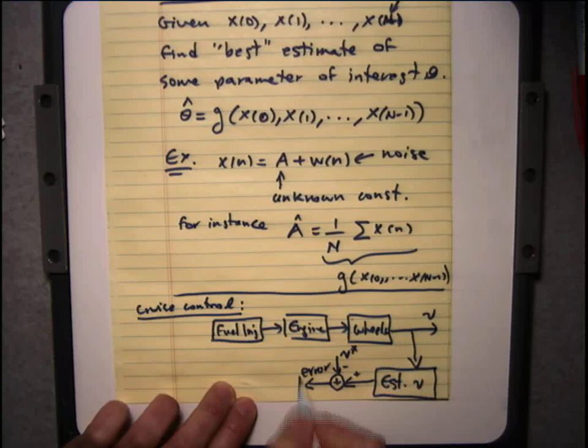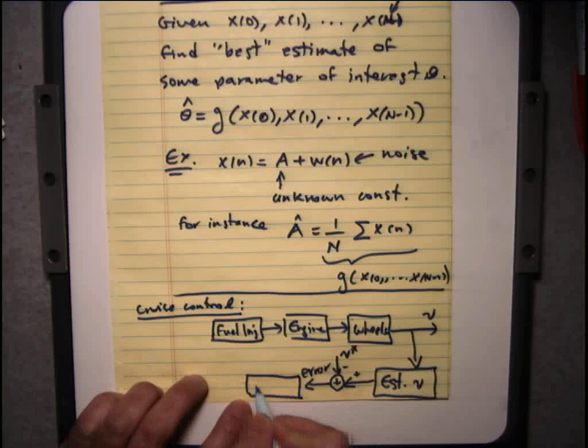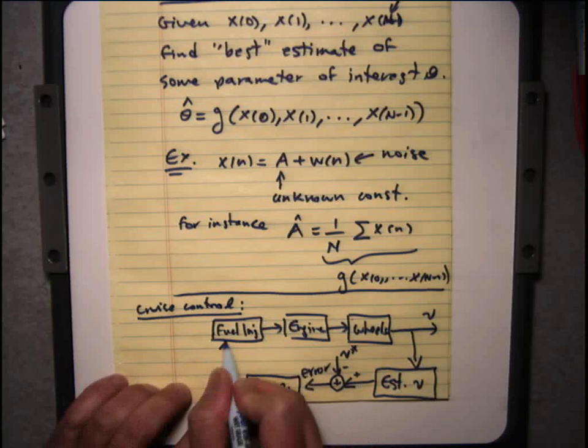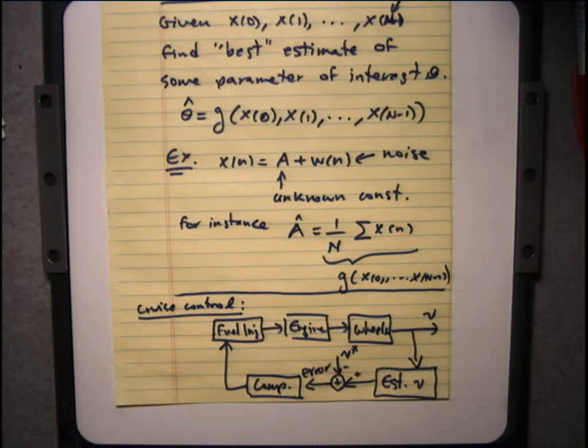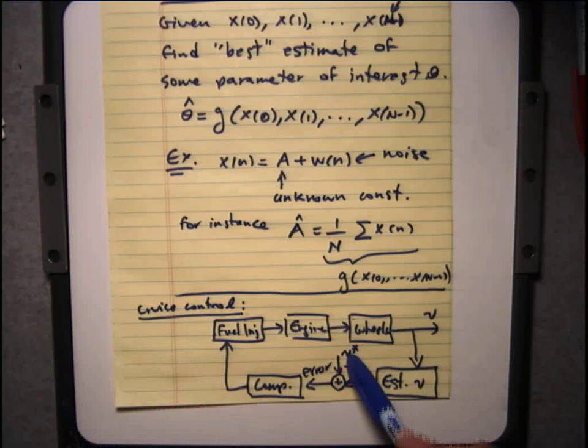And then this error is going to go into a box, which is called a compensator. And that's going to tell the fuel injector whether to inject more or less fuel into the engine. Okay? So this is a loop. This is basically the control loop that takes care of a fixed velocity. And this is the command that you give it. Right?